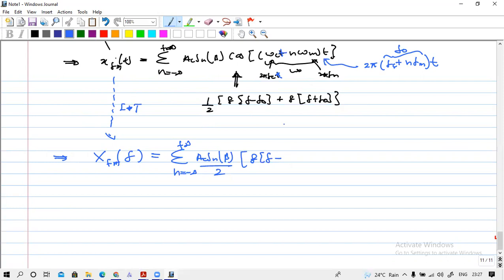So this is the f0. So I can write f minus f0, that means fc plus nfm.